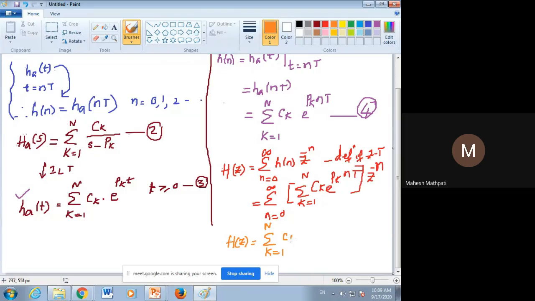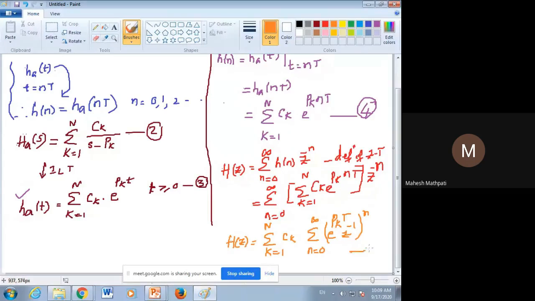This c k is independent, a constant term, so I can take it outside. Then the summation n equals 0 to infinity of e power p k t, z inverse, whole to the power n.